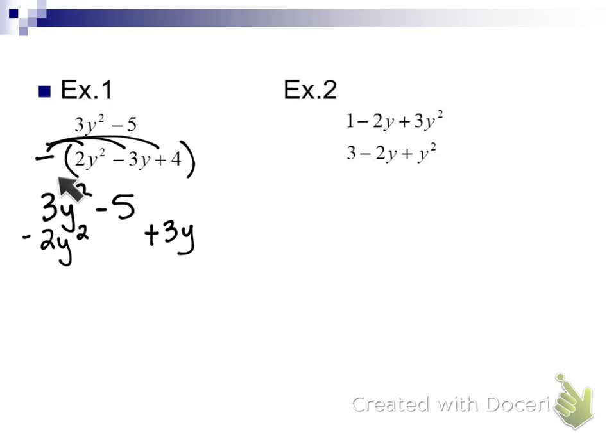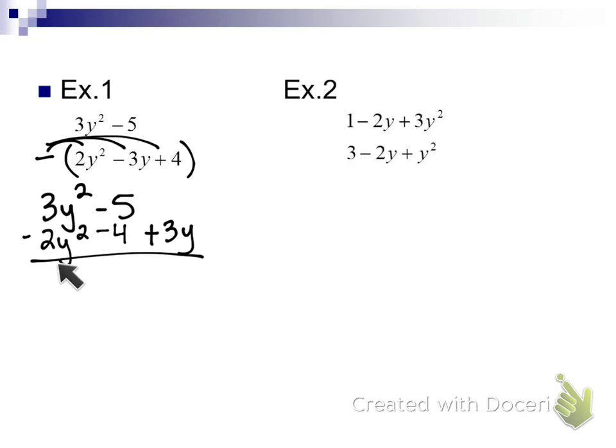Okay, and then we subtract a positive 4, so a negative times a positive is a negative, and I will line that up underneath the 5. So we change this problem so that it's exactly like what we did yesterday. Once we've distributed that negative, then we can just combine like terms like we were doing yesterday.